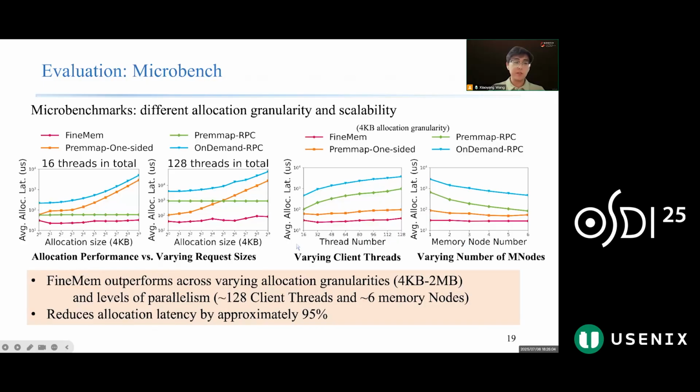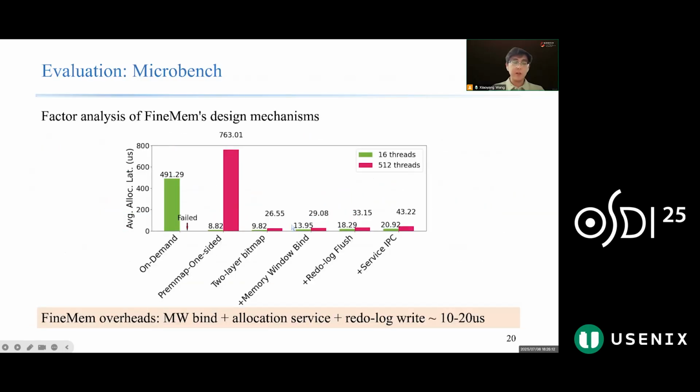As a result, FineMem reduces the allocation latency by up to 90%. We also conduct a factor analysis to show the overheads of FineMem's design mechanisms. Compared to the baseline, FineMem introduces only a small extra latency of up to 10 to 20 microseconds, even with up to 500 client threads.